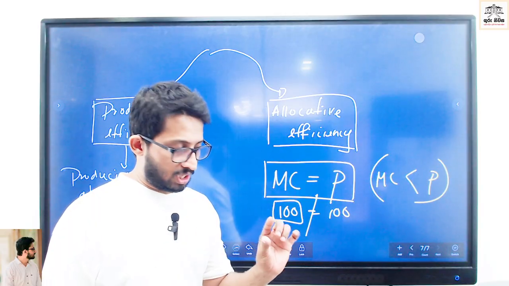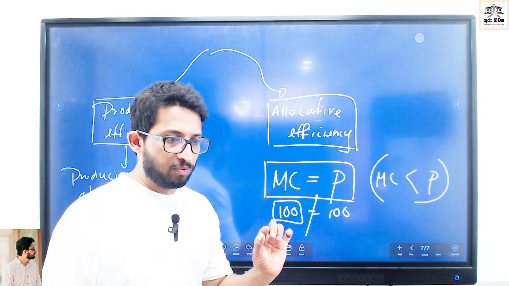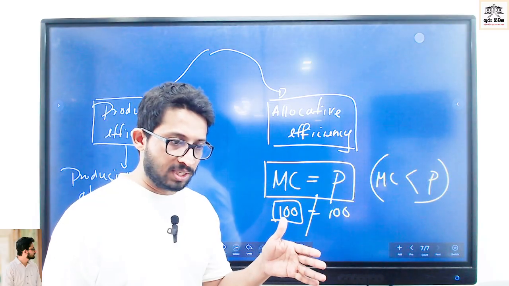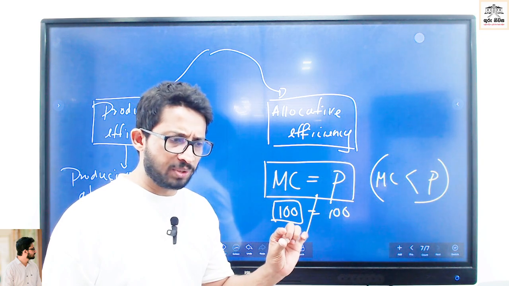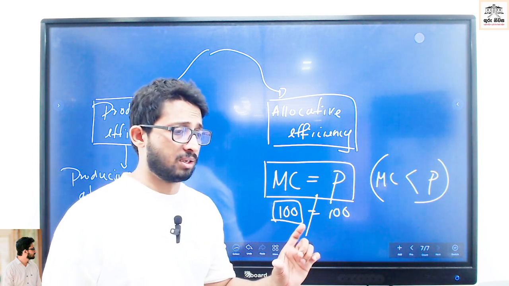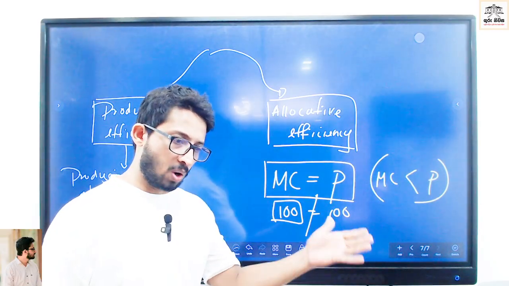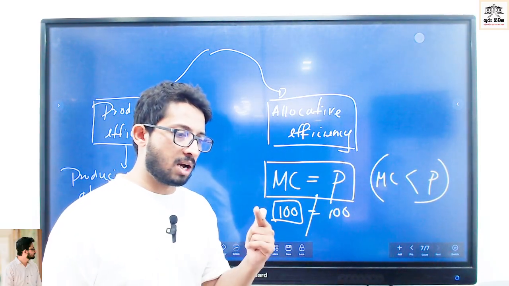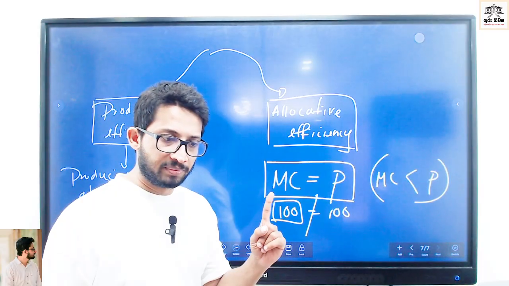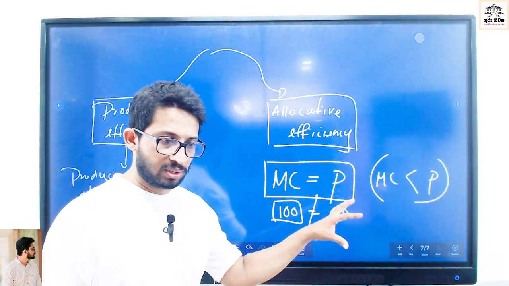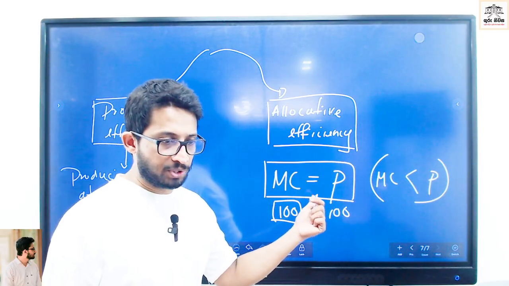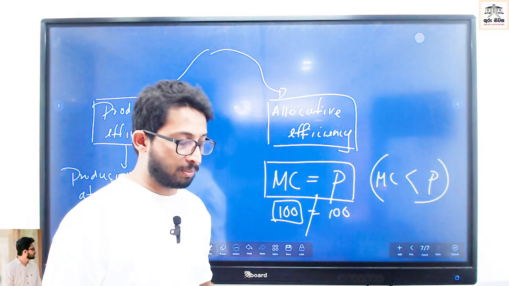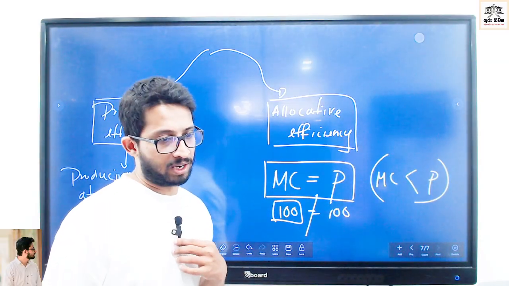Marginal cost is the cost of producing an additional unit. How much cost is added to the total cost when we increase output by 1 unit, right? To achieve allocative efficiency, marginal cost should be equal to the price of the product.